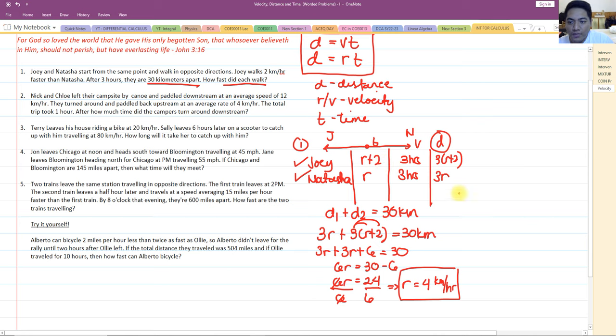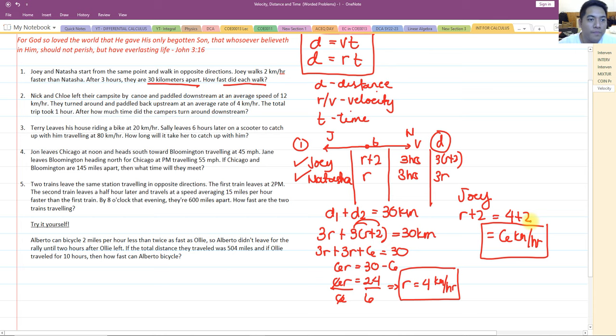So r is 4 plus 2, and you have 6 kilometers per hour. That's how fast Joey is walking. Since Joey is 2 kilometers per hour faster than Natasha, we have these values. So we did get the correct answer for this.